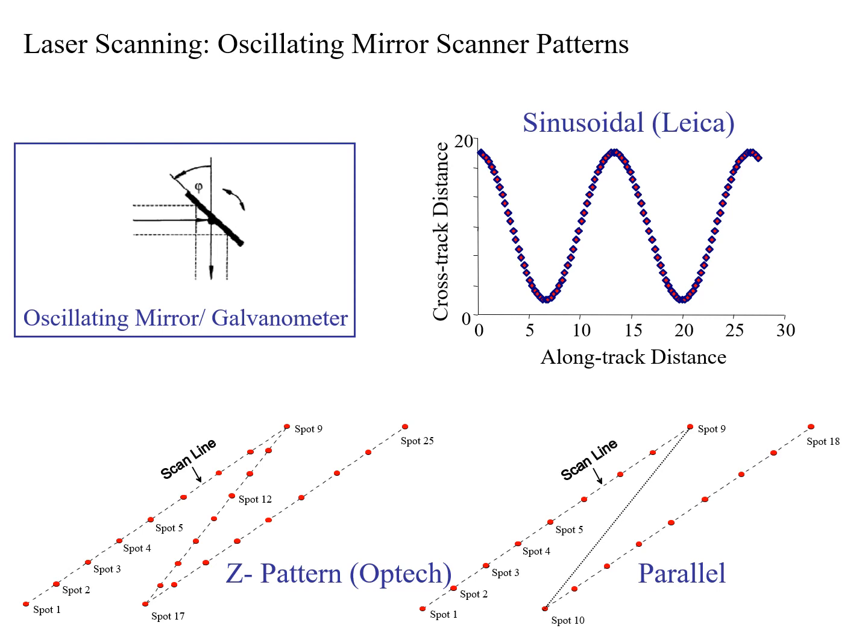And there are a variety of different systems that have different ways of moving that mirror. The simplest thing you could do is what Leica does, which is sinusoidal. That is, the mirror actually slows down as you get to the end of one of these traces, whether it's the far left or the far right, because you're looking at this in sort of plan view, these points on the ground, and then it speeds up as it's near the center.